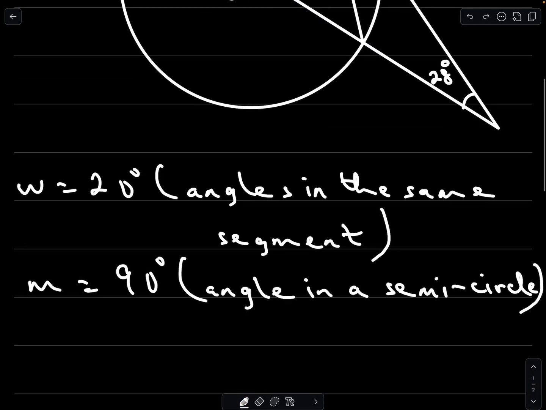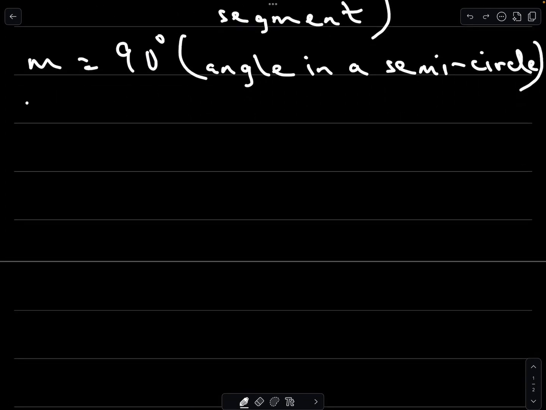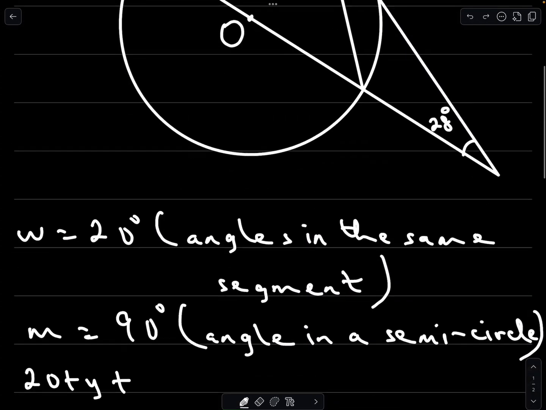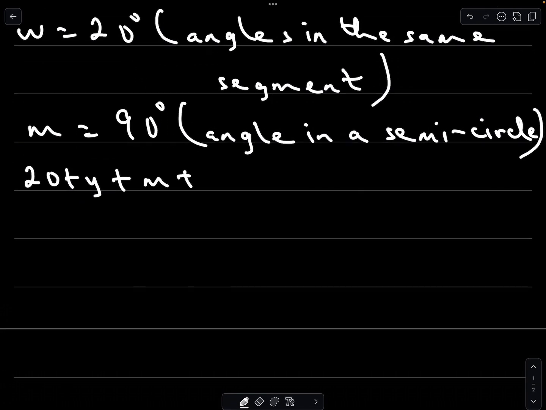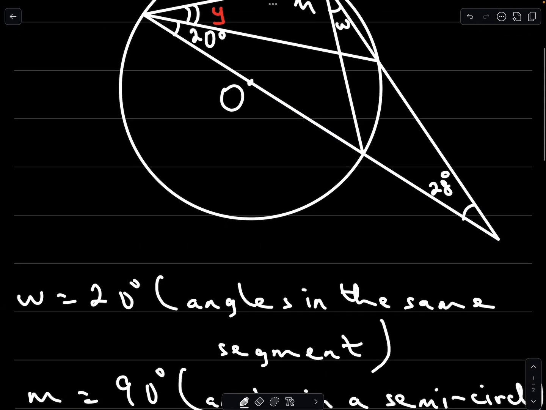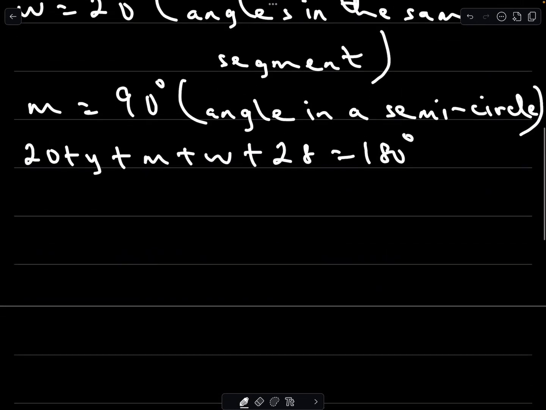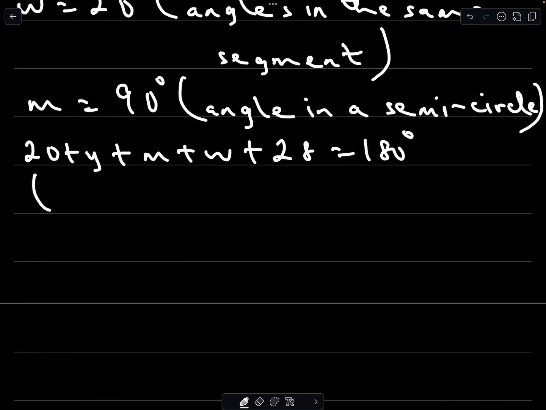20 plus Y plus M plus W plus 28 degrees equals 180 degrees. And what's the reason for that?